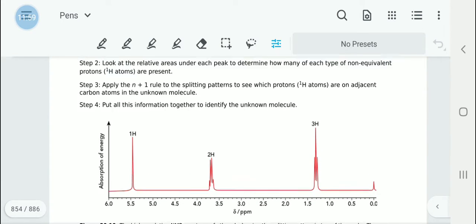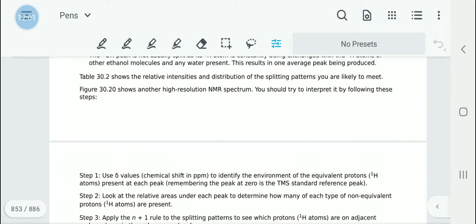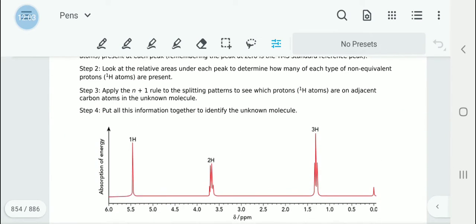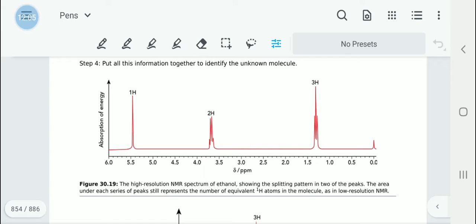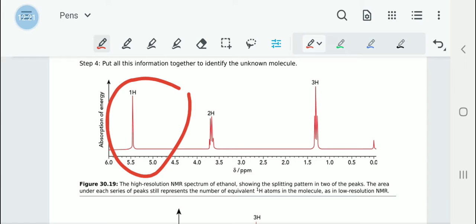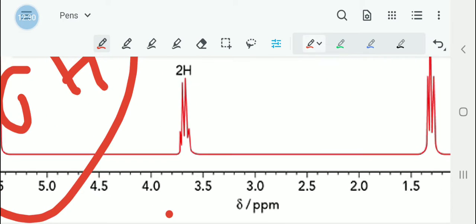Now, for example, let's look at figure 30.19. This is the spectrum for ethanol, showing the splitting patterns. As you can see here, the first one, 1H, has not shown any splitting. So we know that it is OH. This one has split into 1, 2, 3, 4 peaks, as you can see.